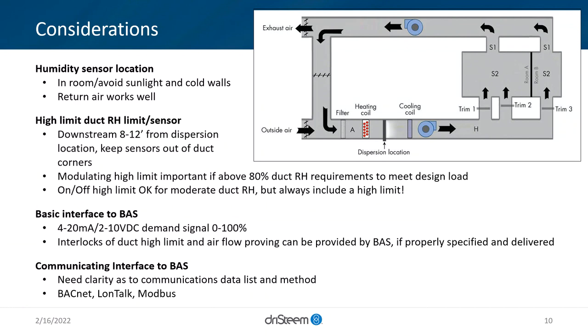We understand that 8 to 12 feet downstream might not be possible, but really the best advice is get it as far down as you possibly can, in a homogeneous mixture of that air to give a good representation of that value. That's true about switches or modulating high limits, but if we want even more control, the modulating high limit would be one step further than the switch.